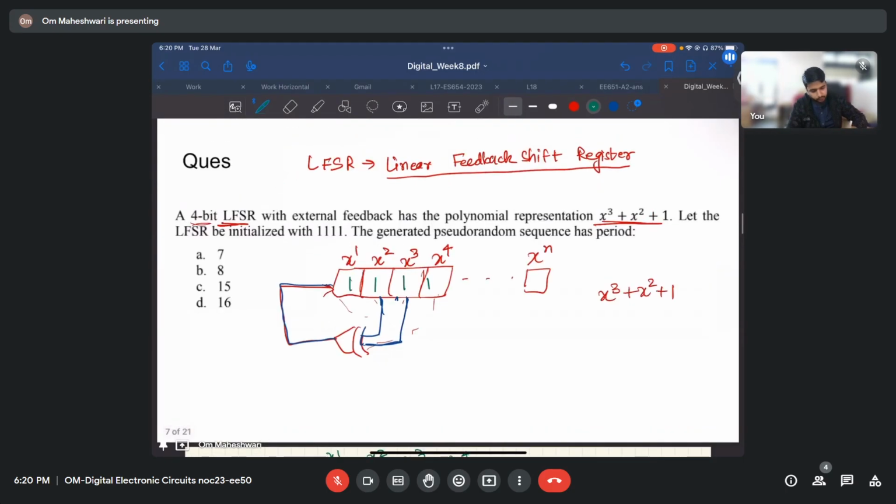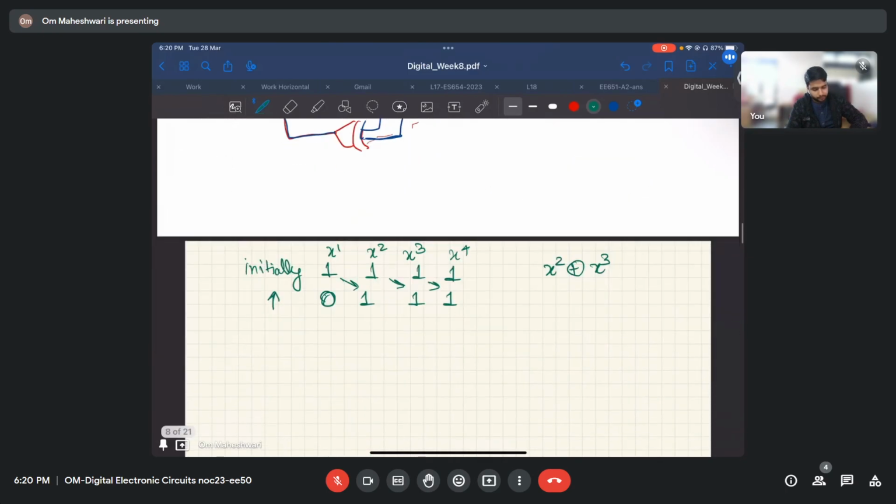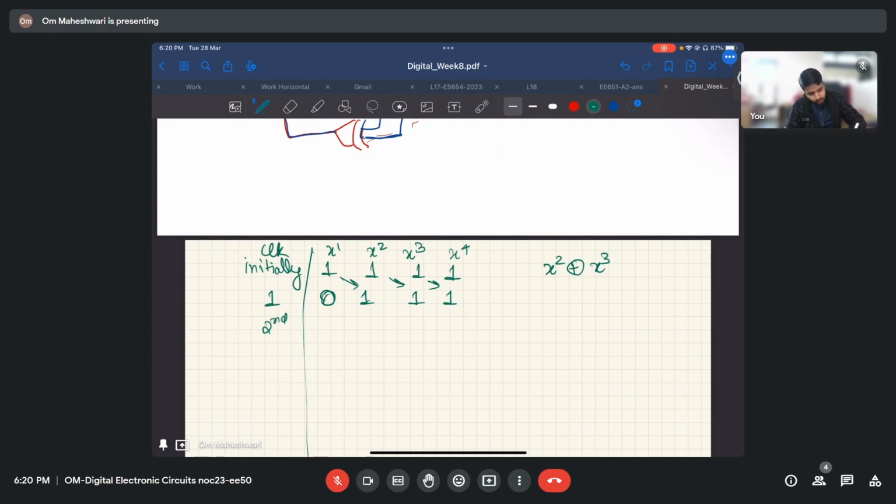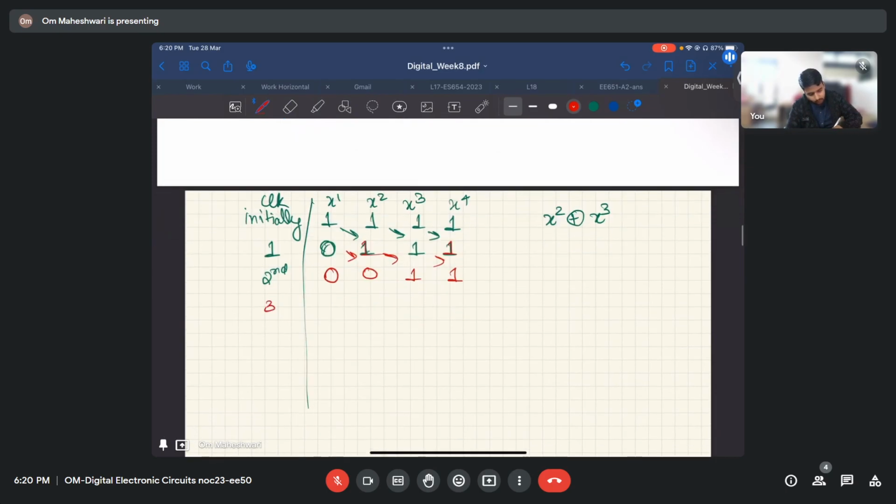So here what we have to find is the period of the sequence. So we will keep on doing this until we find some sequence. It's the first clock. In the second clock, again 1 and 1 XOR is 0. These will shift, 0 1 1. In the third clock, 0 and 1 XOR is 1.